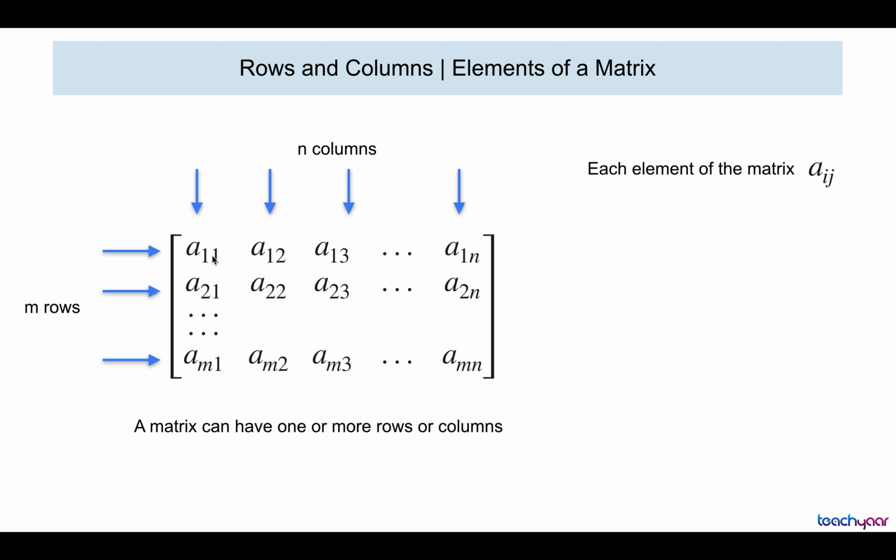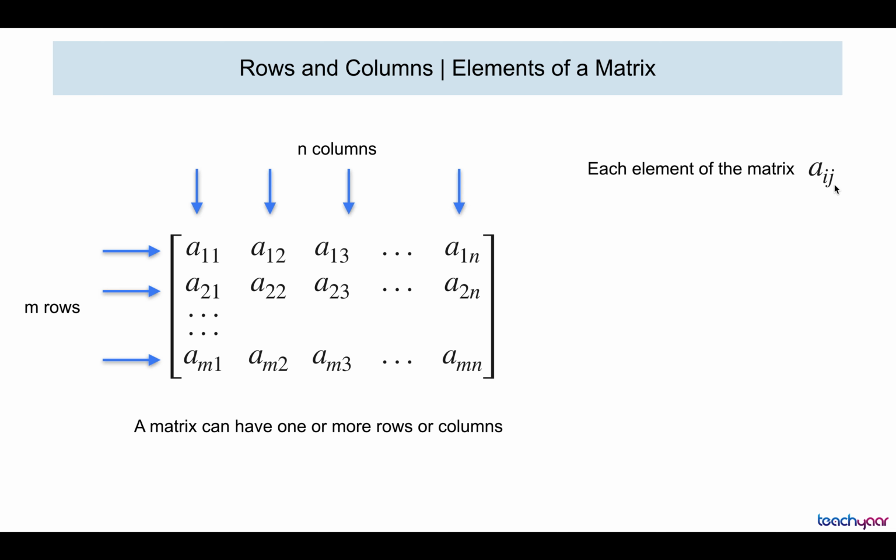If you look at the first row, you have A11, A12, A13 all the way to A1n, which means the first index, which is i, indicates which row it is. It's the first row, it starts with 1. In the second row, all the elements have i equal to 2. Now look at the first column. It's A11, A21 and so on to Am1.